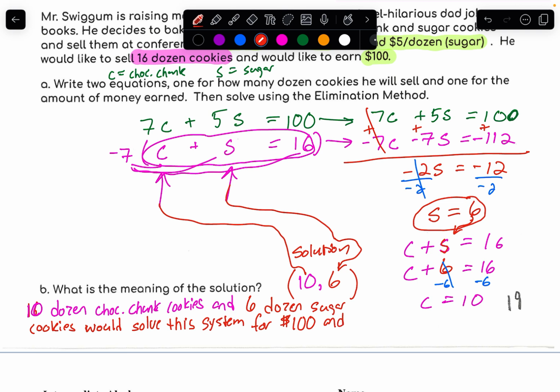And the other thing is we needed 16 dozen total cookies. And that is our solution, and that is it for our work with the elimination method notes.